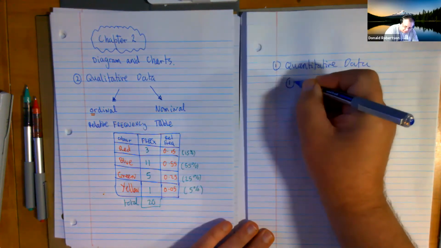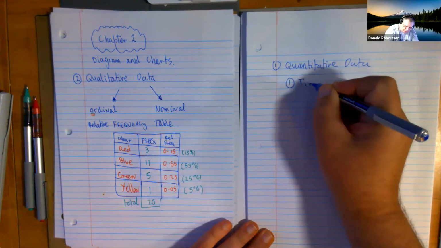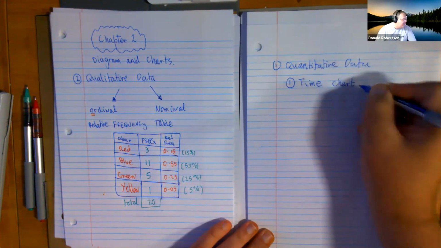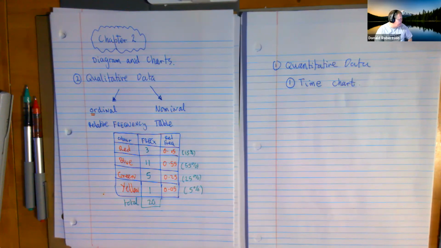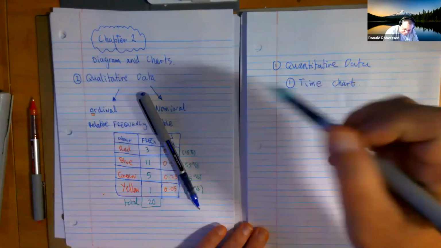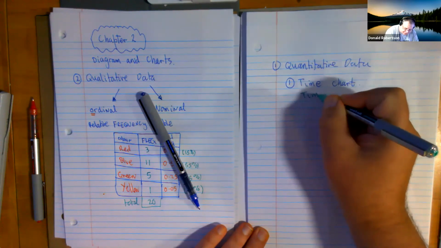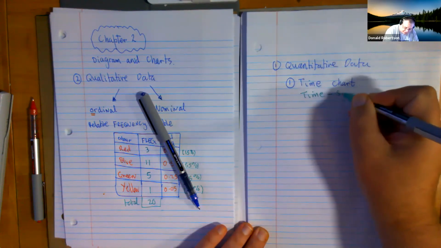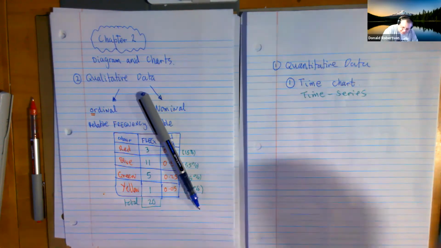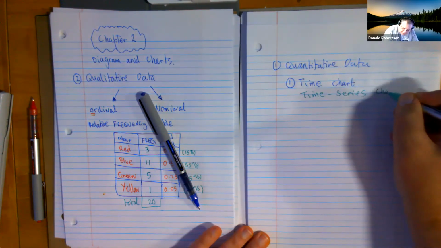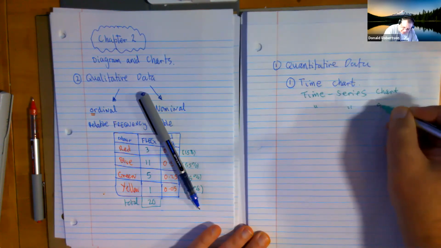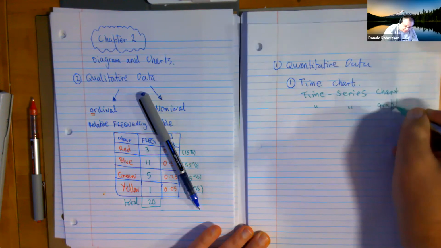So in no particular order, there's a time chart, which is one of its names. It's also called a time series. Well, they're calling it a time series graph, but time series chart, time series graph. I think I've covered all the obvious names.